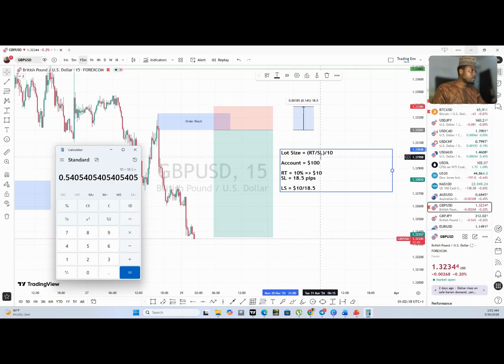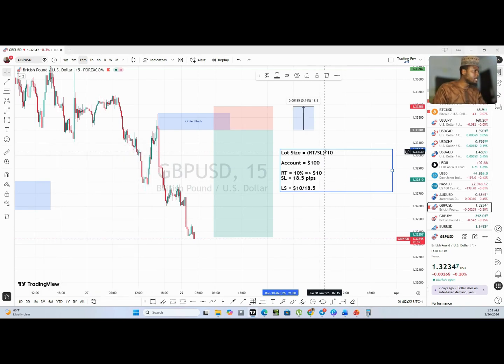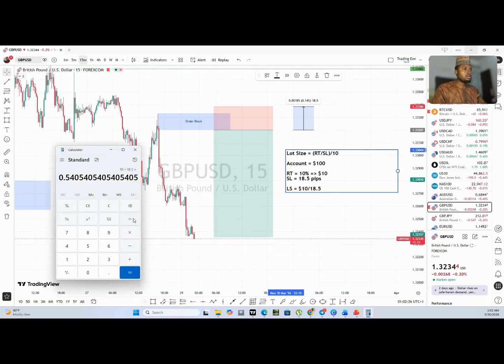Then to complete the calculation, I'm going to divide the entire result by 10. Divide by 10, that means it's going to be 0.05. That is my loss size.